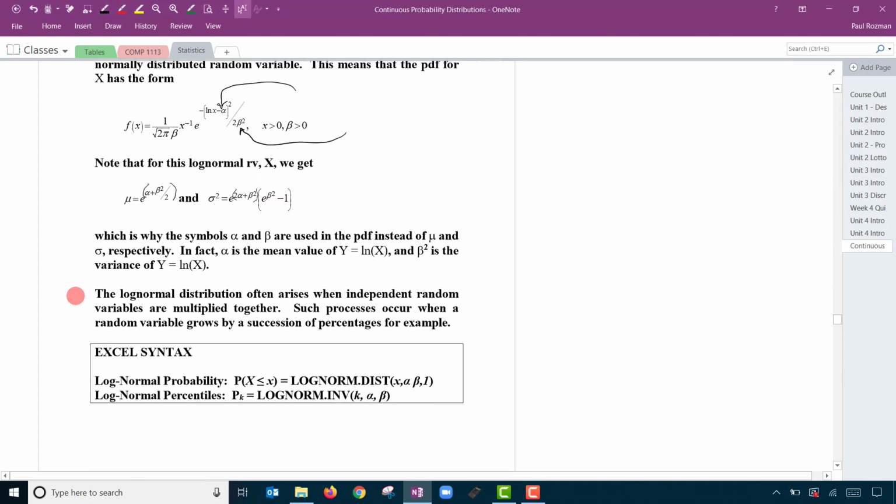We have a function in Excel that handles these probabilities, but basically we would have to find the area beneath this density function, which can be done very easily because we can just do a transformation and use a z distribution.